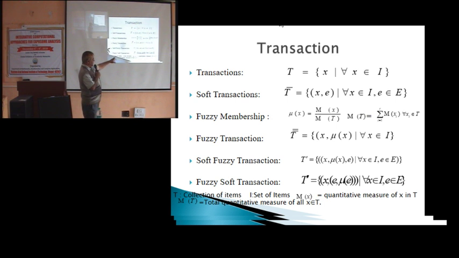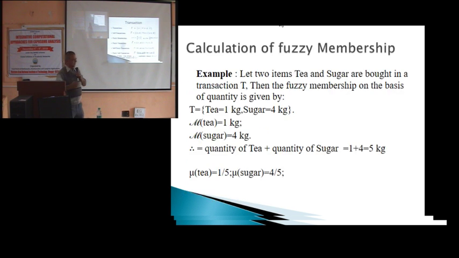So in a fuzzy soft transaction, based on the parameter, item X was selected, and the membership is how much cheap it is or how much attractive it is. That's it. And we have defined the fuzzy soft fuzzy transaction. You can combine the two, you get fuzzy soft fuzzy. So these are the definitions we have given. I'll show you how this measure is working. That's the beauty here, and that's a change based on the perception.